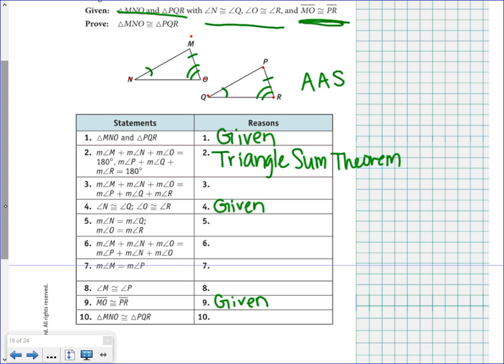So they're going to equal 180. So then the next step, if we know M, N, and O equal 180, and we know P, Q, R equals 180, we can say that they equal each other because they both equal the same thing. And so that reasoning is the substitution property.